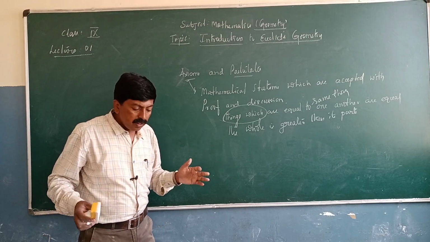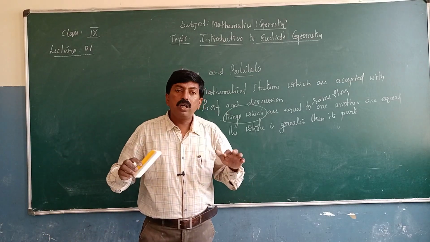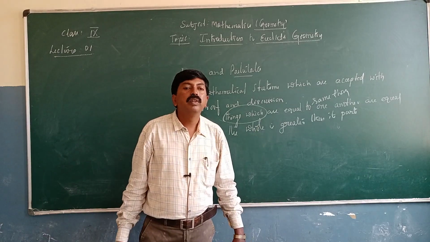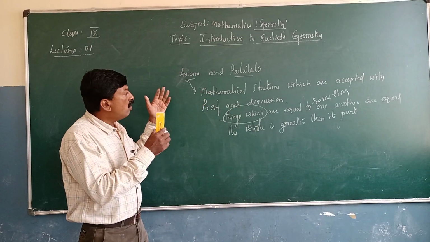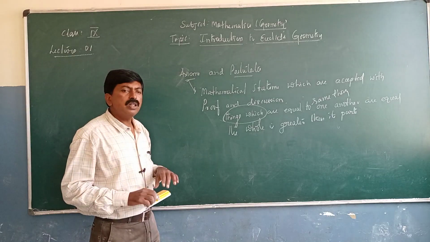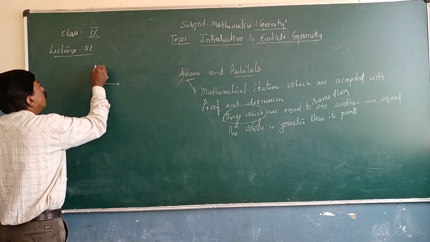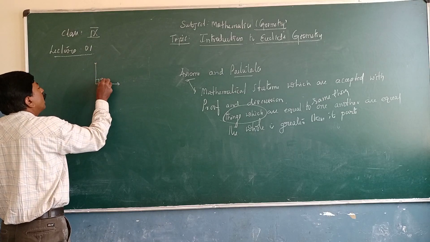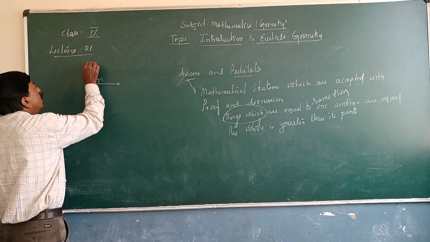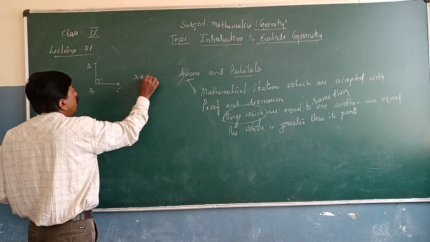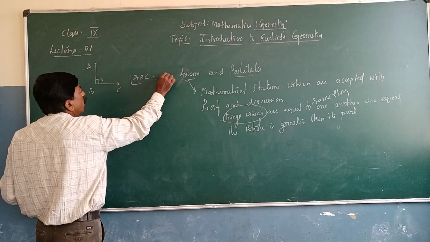Even like this, things which are double the same are equal to one another. Remember, even the whole is greater than its part. For example, observe here. Here is a 90-degree angle. So angle ABC is 90 degrees.